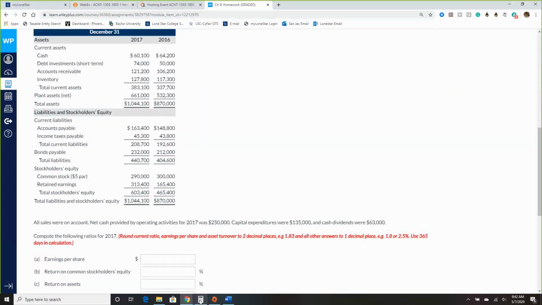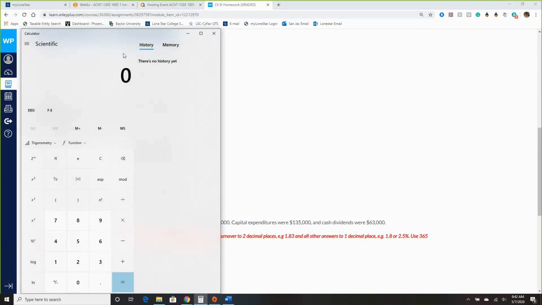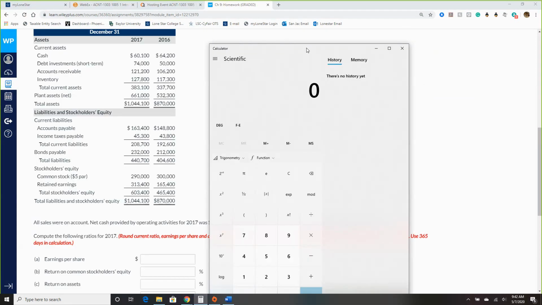So, let's take our calculator and take our two common stocks, so 2017 plus 2016 and divide by 2. This shows 295,000 right there.